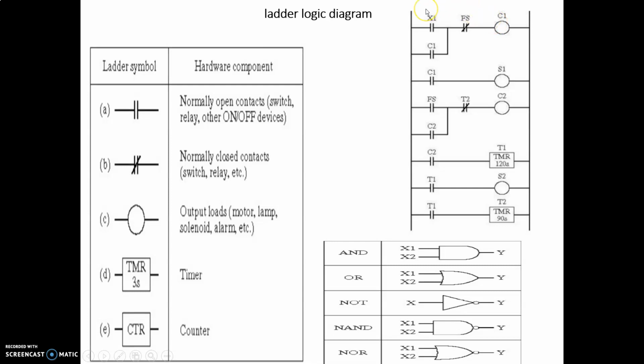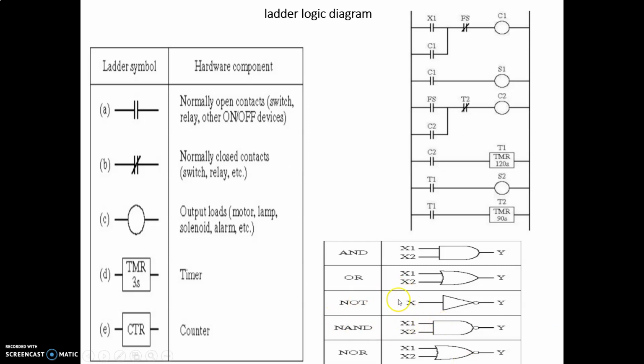Now after learning the architecture of the PLC, we will have to understand what we mean by a ladder logic diagram. To understand that, first we should understand what we mean by logic. Logic is something which we have learned in earlier subjects, so here we can try to relate that.